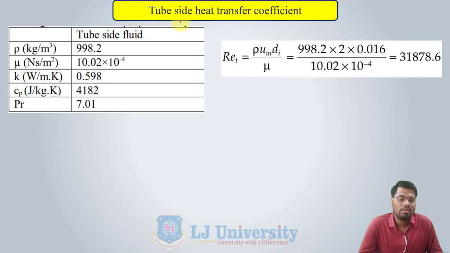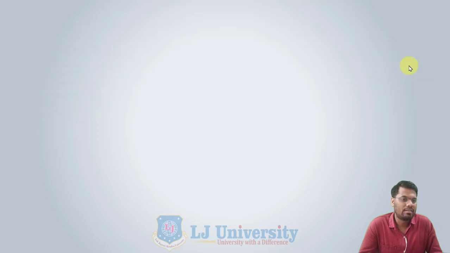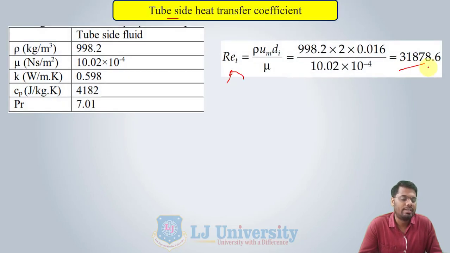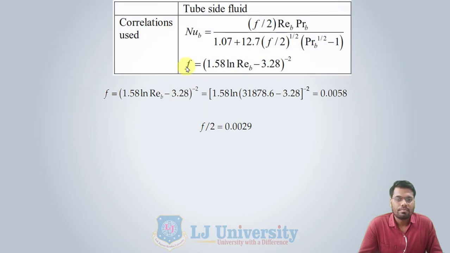Now this is it for the shell side heat transfer coefficient by Kern's method and the Bell-Delaware method. For the tube side heat transfer coefficient, there is only one common method. First we need the Reynolds number at the tube side, which is rho V d by mu. We know all the values, so the Reynolds number would be 718.6. Now we have these two relations for the tube side.